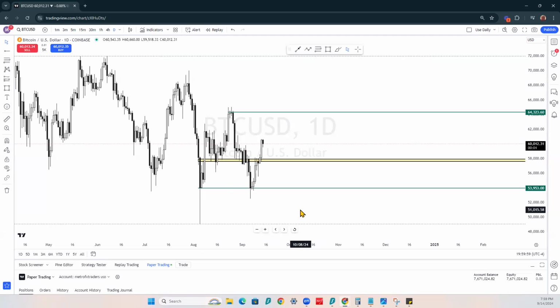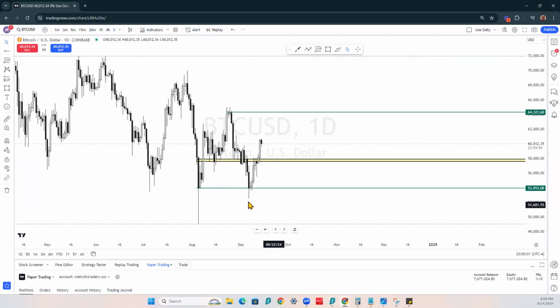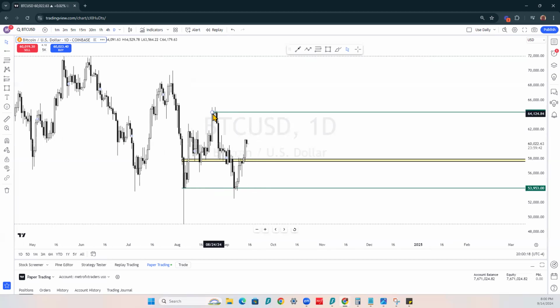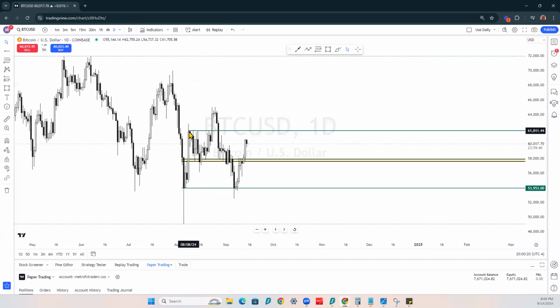Okay. So in order for this to be a market structure shift, look at what happened here. When the market reached here, it came down, but it never went below this area to make a lower low. Okay. So when the market reached right here, it pushed up, then it came down.